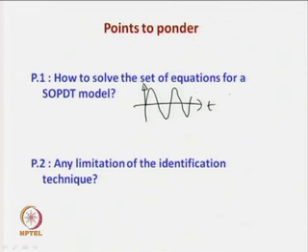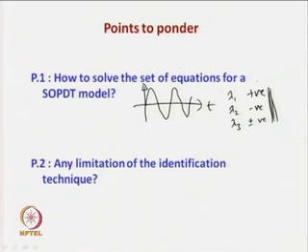So, assume lambda 1 as positive, lambda 2 as negative and lambda 3 as either positive or negative, and solve the equations. If you are not getting proper solutions, if the solutions are not realistic, in that case next you choose lambda 1 to be negative. So, this is one way to solve the set of nonlinear equations to identify the unknowns associated with the second order plus dead time transfer function model.